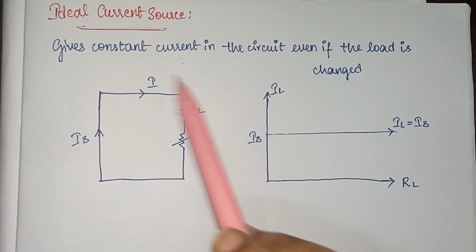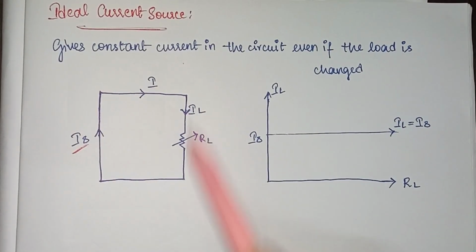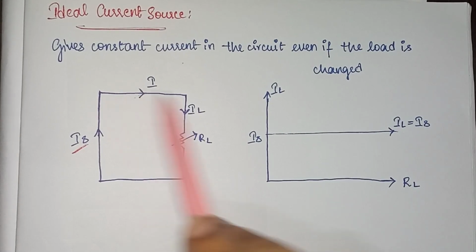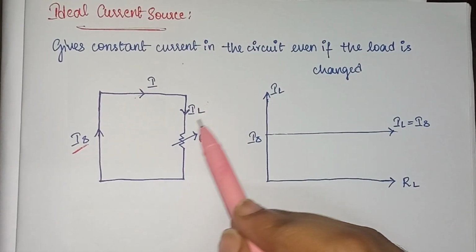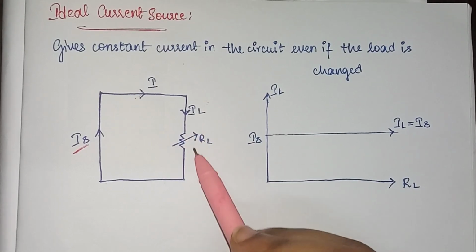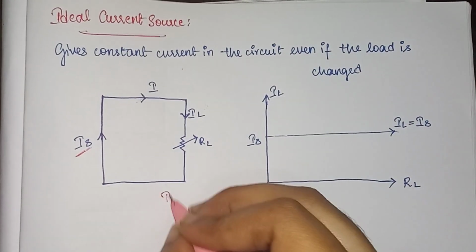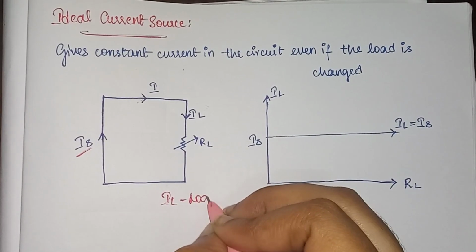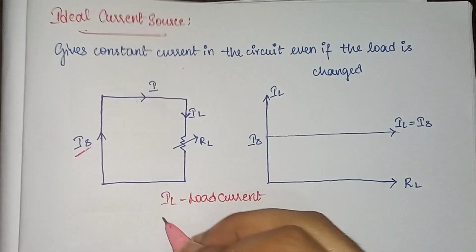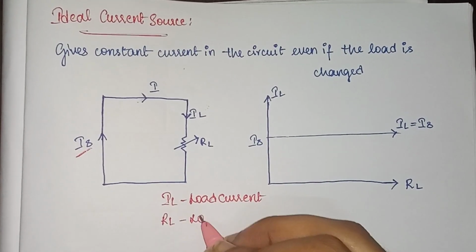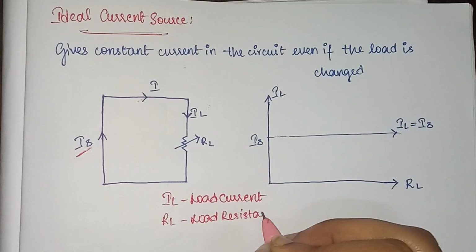So now this is the circuit we are having. Now this is the current source we are having and this is the current flowing throughout the circuit. This is called the load current and this is called the load resistance. So IL is load current and RL is load resistance.